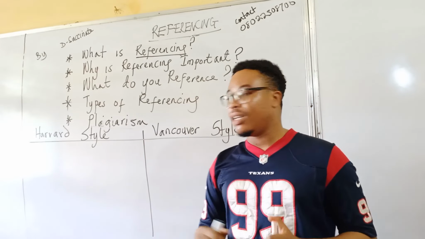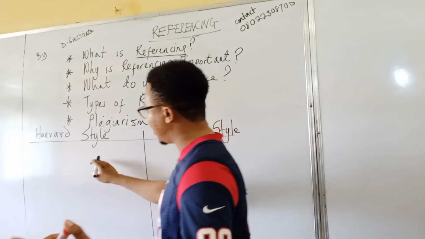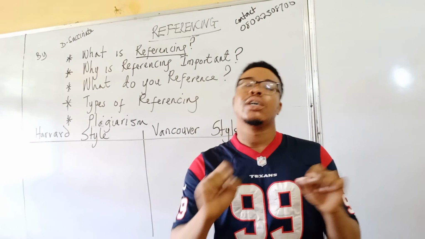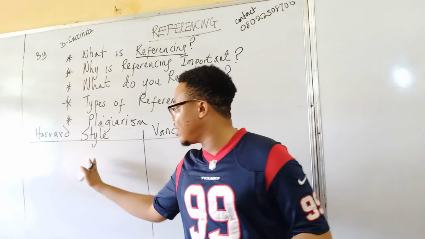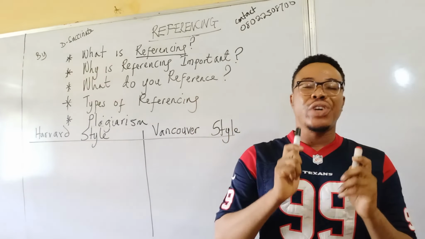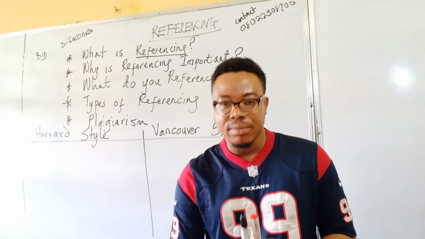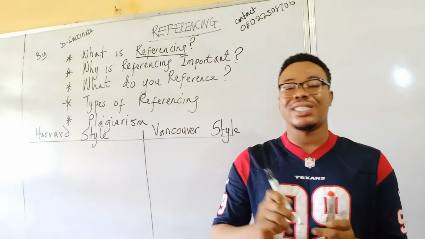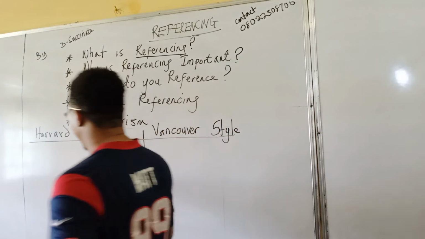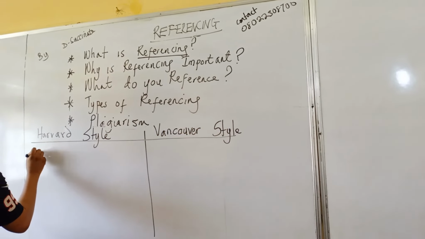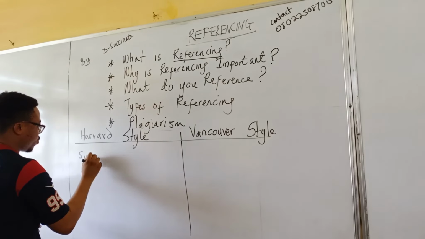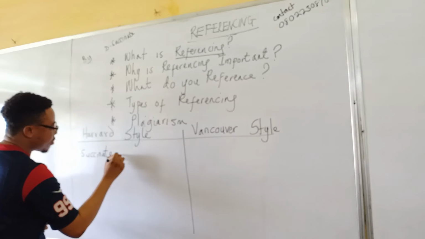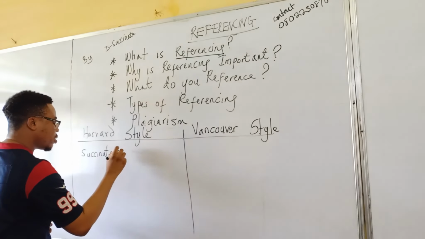Please take note. Then for the Harvard style, when referencing in-text citation, you reference by writing the author's name or names, depending. For example, Susimate, then put a comma, then put the year.